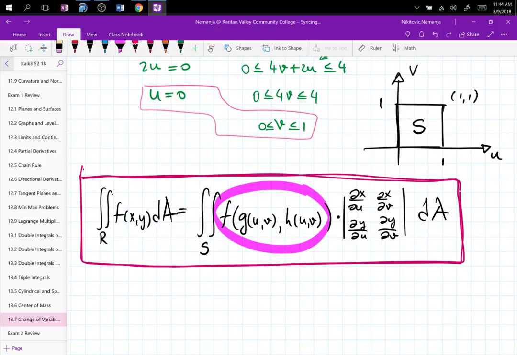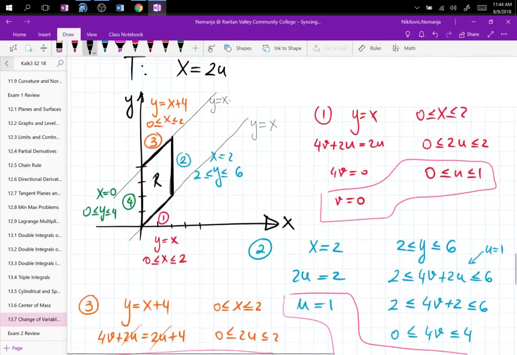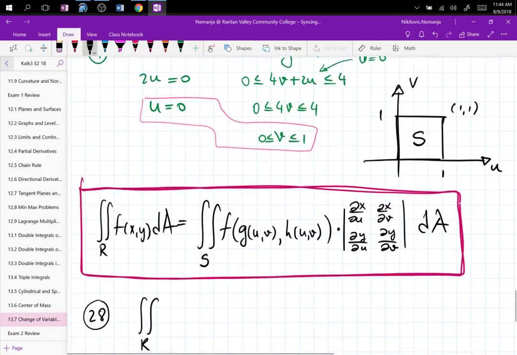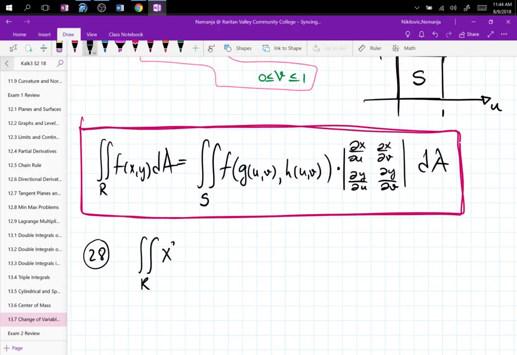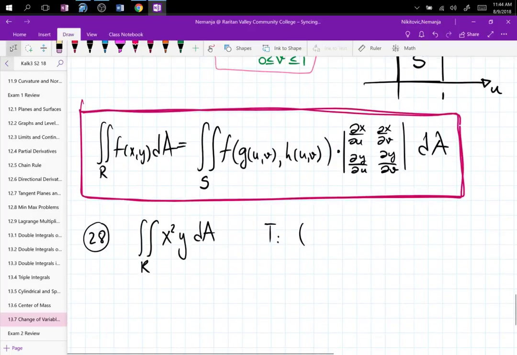So let's go and deal with those. My problem 28 was the double integral over R, I believe it was x squared y, right? Yeah, x squared y dA, sorry. We have the transformation which was given as x equals 2u.